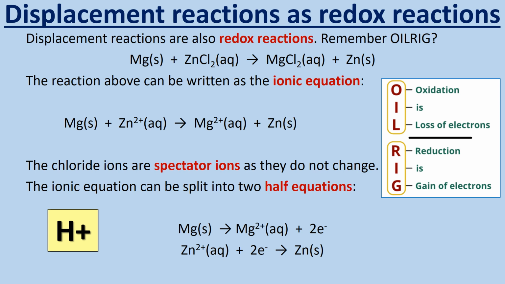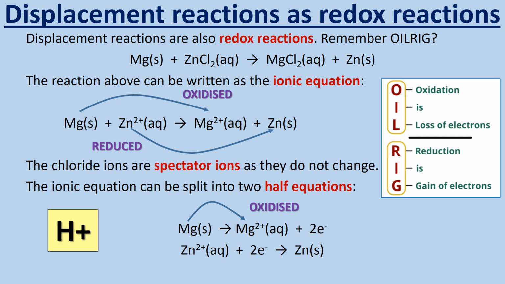So if we look at that in a little bit more detail, magnesium atoms are oxidized to become magnesium ions because they've lost electrons. Zinc ions are reduced to zinc atoms because they've gained electrons. And if we put that into our half equations, magnesium loses electrons, and you can see the electrons pulling off it.